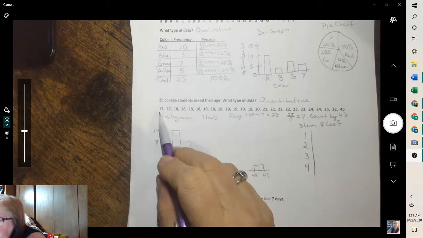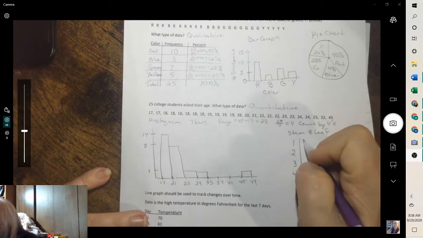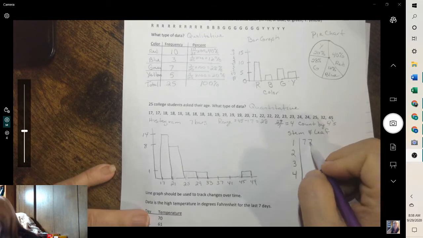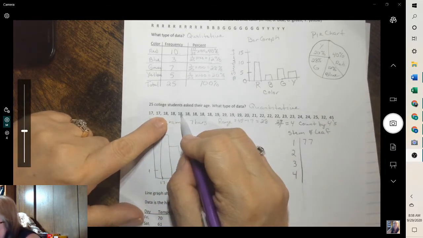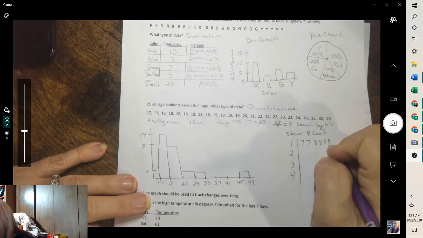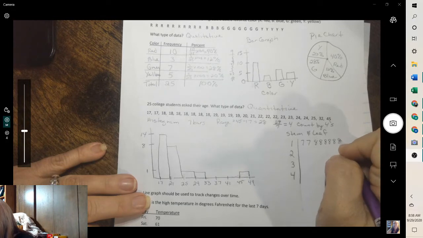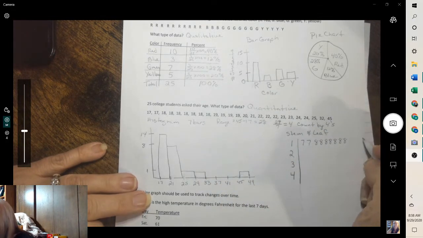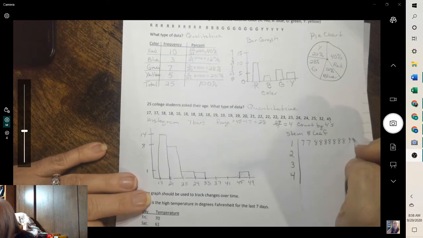So if we look, we have two 17s. So we put a 7 and a 7. 17, 17. 1, 2, 3, 4, 5, 6, 7 18s. One, two, three, 4 19s. I'm going to run out of room.